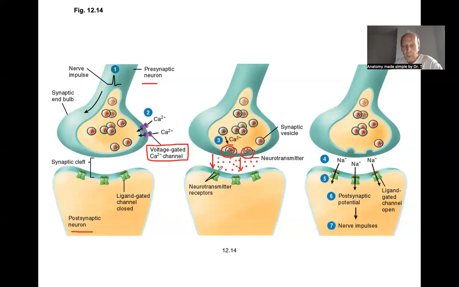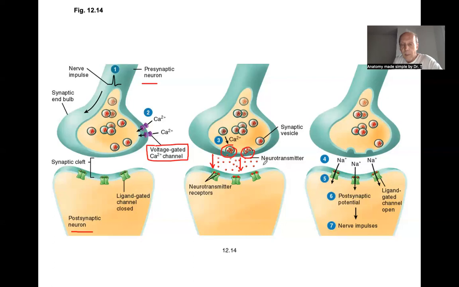And as the neurotransmitter freely diffuses, it's just a matter of time when these vacant receptor sites will turn into being occupied and neurotransmitter molecules will be bonded onto the surface of this protein channel.